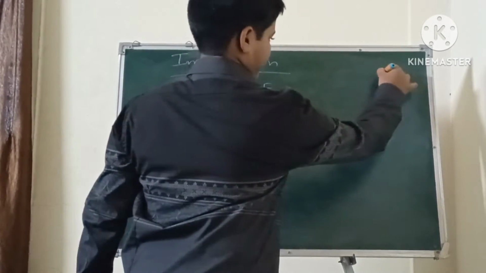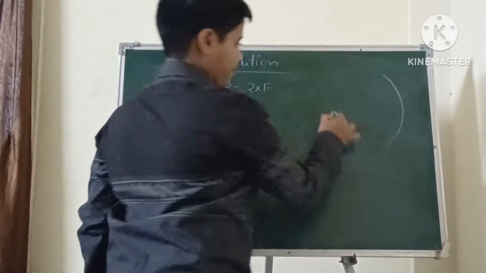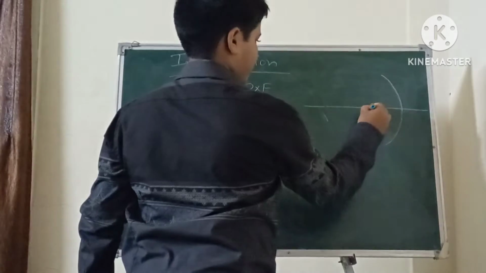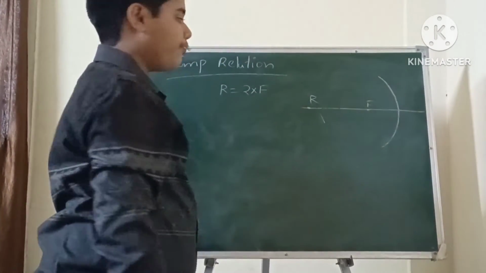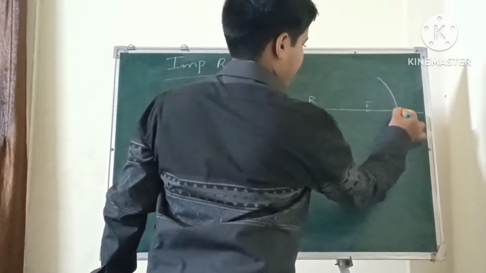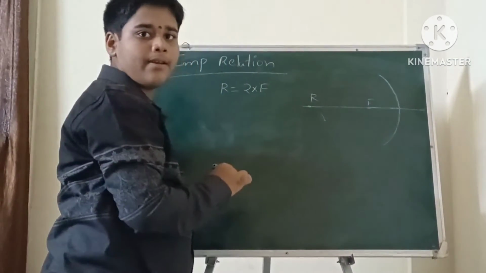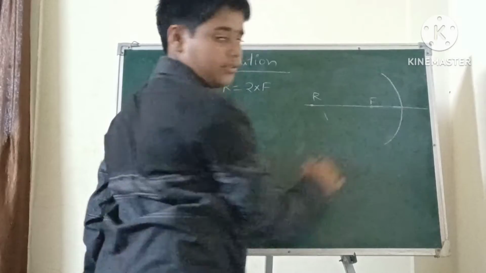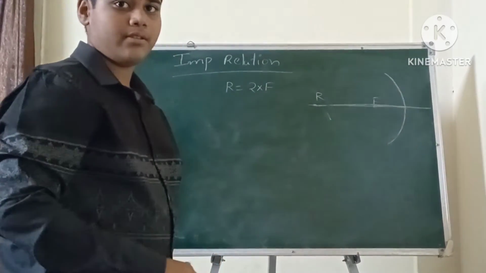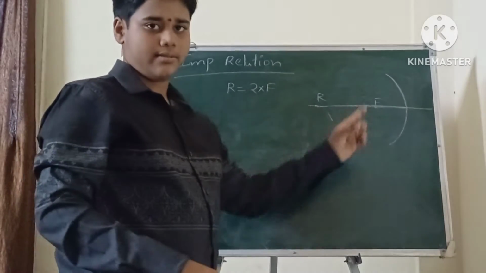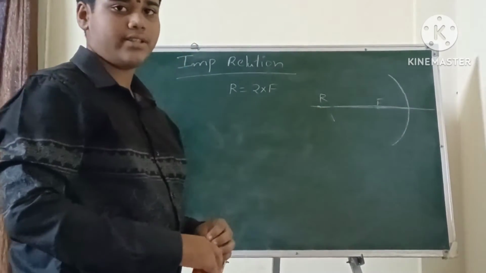Here this is a spherical mirror, this is the principal focus, this is the focus, and this is R, the radius of curvature. If we double this length, we can find the length of the radius of curvature. Double of focus is the radius of curvature.